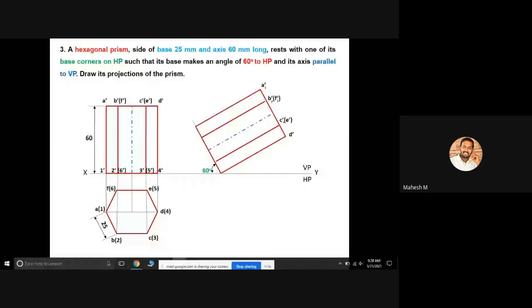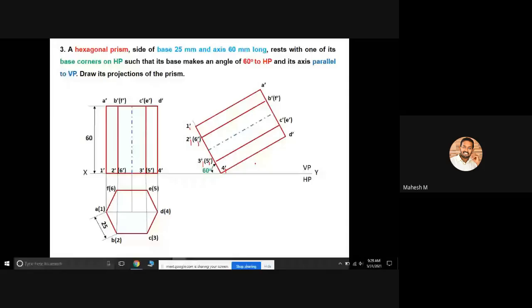After that 1 1 dash, next 2 1 dash of 6 1 dash, 3 1 dash of 5 1 dash, next 4 1 dash. Okay, so after doing this you can project corners towards the top view position. Similar to that, you can project all the 6 corners in our previous top view towards the second top view position.